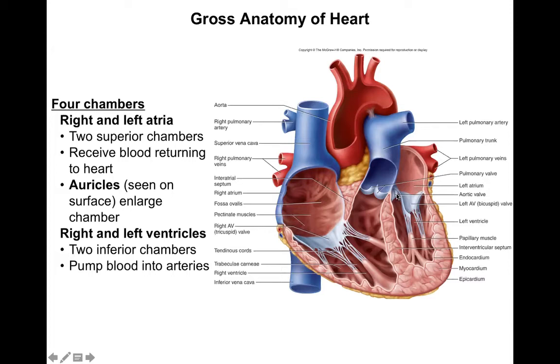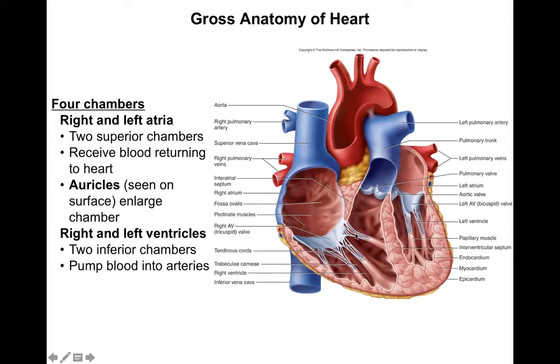This is basically the general structure of the gross anatomy of the heart. We will go further and understand more. You can see these string-like structures that are present in the valves, and these are known as the chordae tendineae, okay?